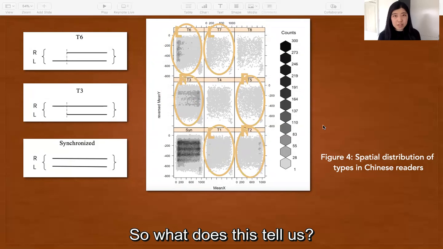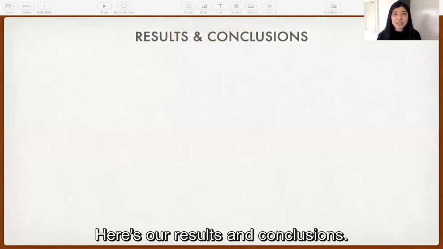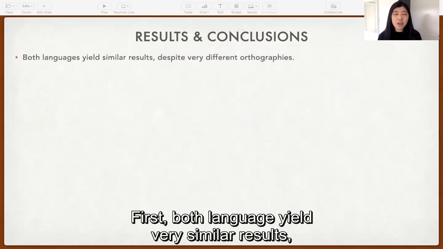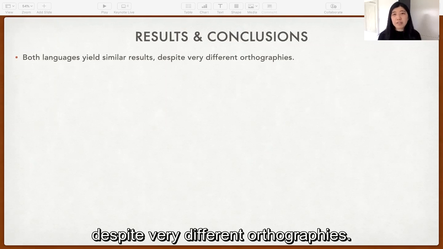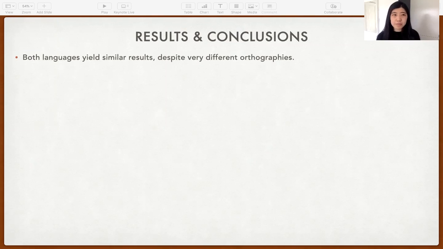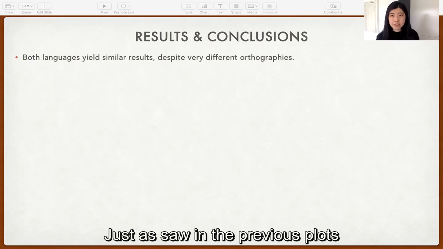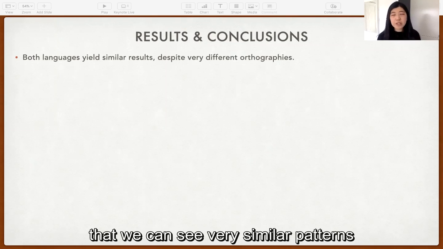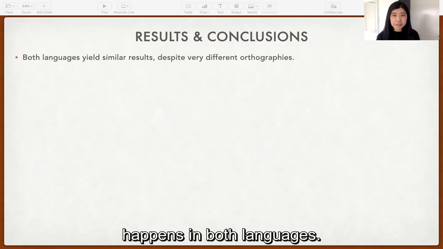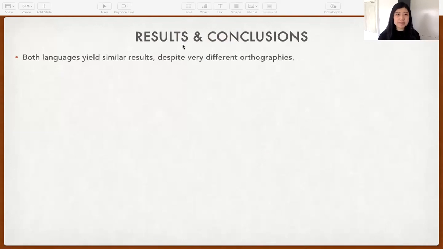So what does this tell us? Here are our results and conclusions. First, both languages yield very similar results despite very different orthographies. Just as we saw in the previous plots, we can see very similar patterns in both languages.